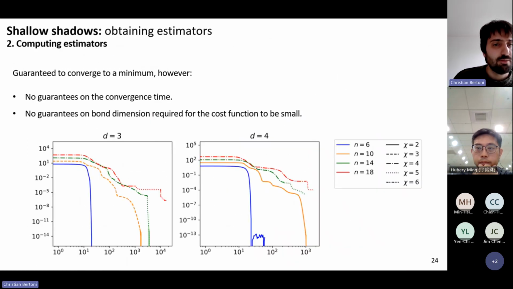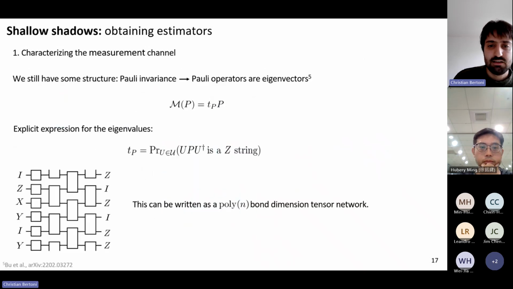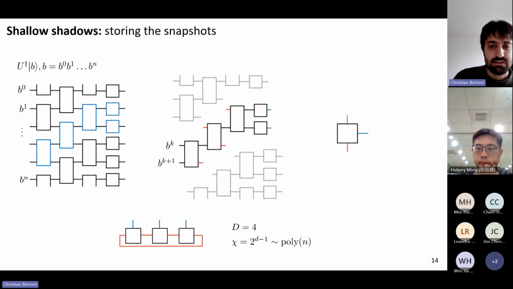Let me go back to the relevant slide, which I believe is this one. Yes, this circuit. We want to store the whole circuit, essentially. It's not the whole circuit, but just the output state of this U-dagger circuit, where the input is the bit string corresponding to the measurement result in the data acquisition process.